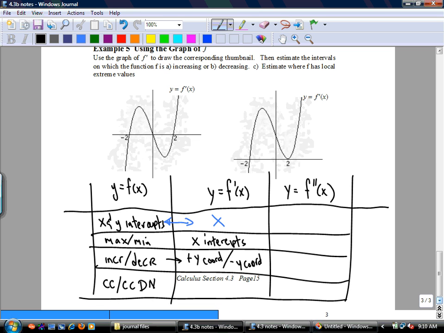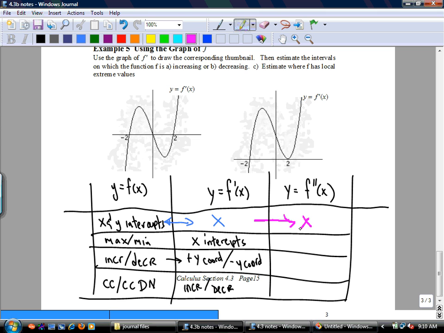Concave up, concave down become increasing and decreasing. You can think about it as positive slope and negative slope if you want. You can think about it as climbing and falling if you want. Now here's the part where it gets really interesting: now we take the second derivative.